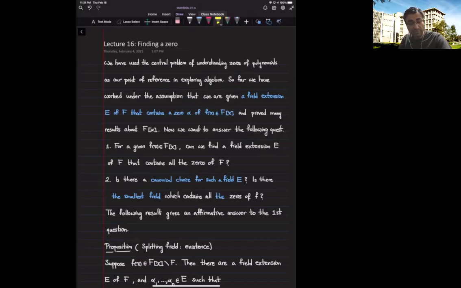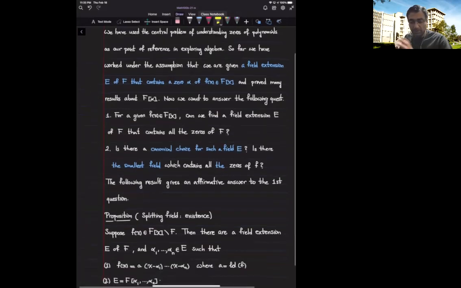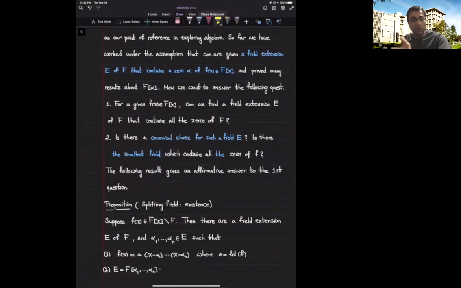And we start with answering the first question, meaning we start by answering that there exists a field extension that contains all the zeros of this polynomial, and we make it small enough so that it is generated by the base field F and these roots, these zeros of this polynomial.